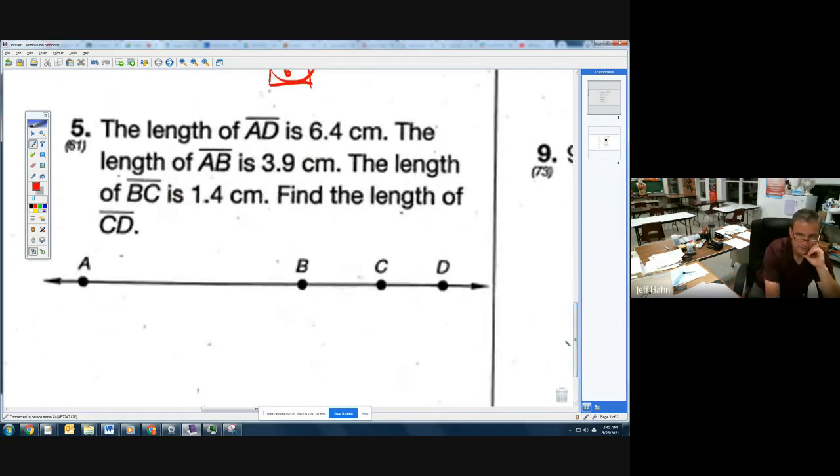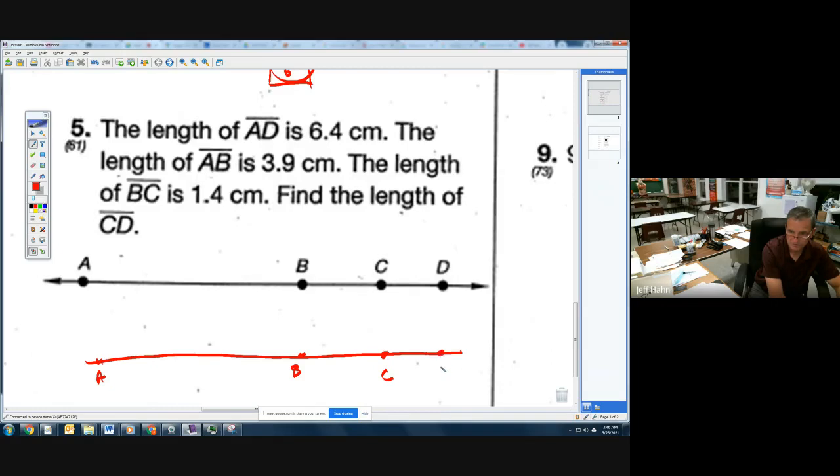Problem number 5, it'd be very good for you to recopy the line. Got point A, point B, point C, and point D, and label them accordingly. AD is 6.4. A all the way to D, the whole thing is 6.4.